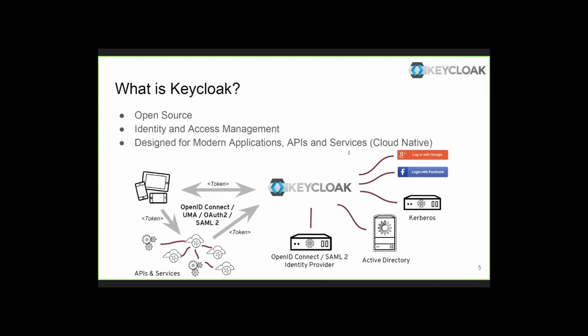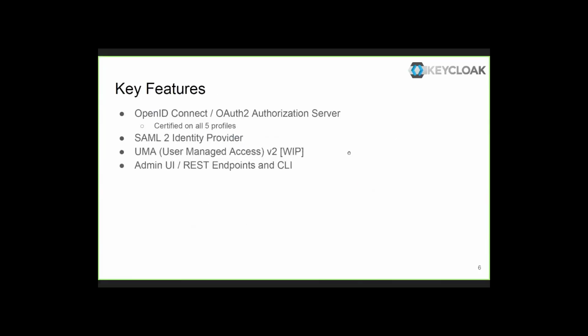And then via KeyCloak, you can integrate with a lot of other solutions, and your applications can gain certain token-based security capabilities. So first of all, KeyCloak is an OpenID Connect, so OAuth2 authorization server, talking the language of the specification. And we actually certify on all 5 OpenID Connect standards. We are a SAML2 identity provider, according to the SAML2 standard, and we also implement UMA, the User-Managed Access specification, which is also extending the OAuth 2 protocol.